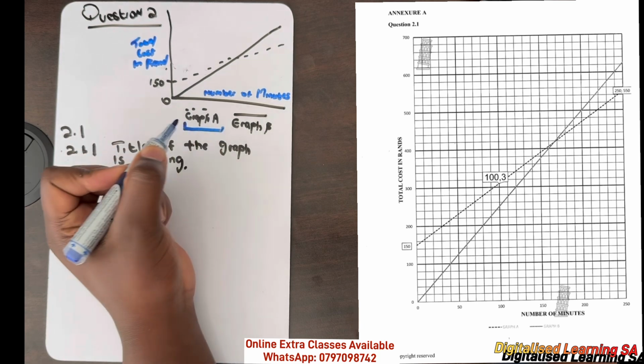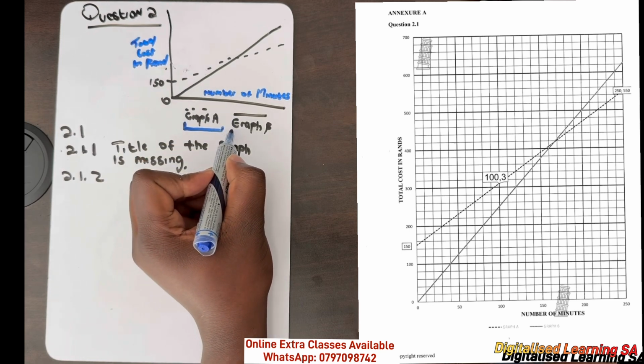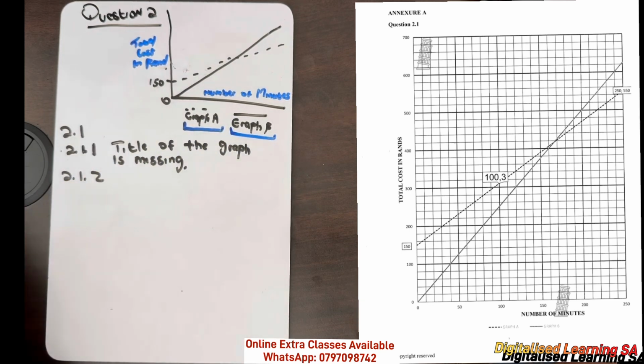Graph A is represented by dots and graph B is represented by a line. So our question is which graph will possibly represent the contract option, and we are supposed to give a valid reason for that.